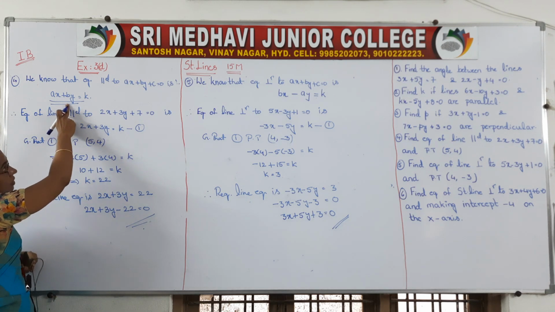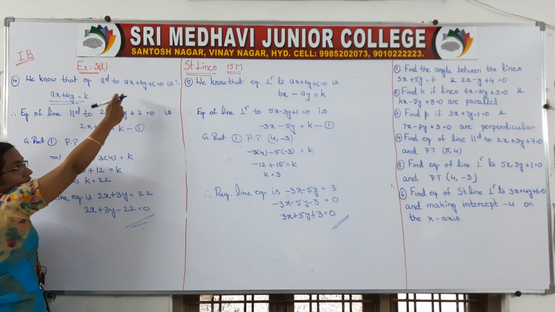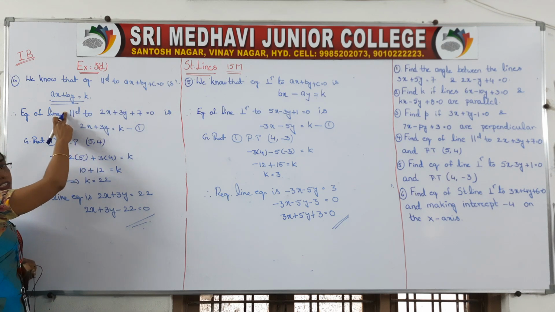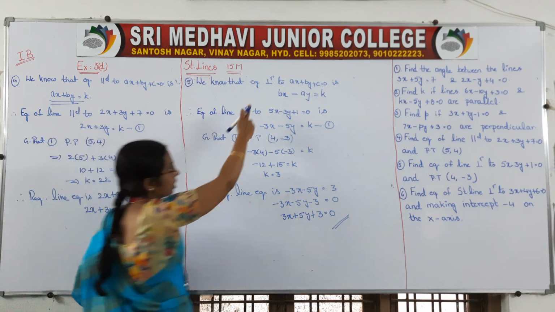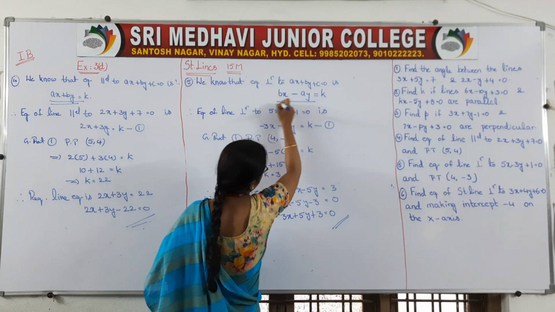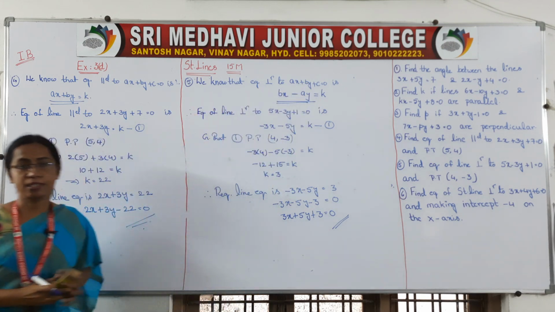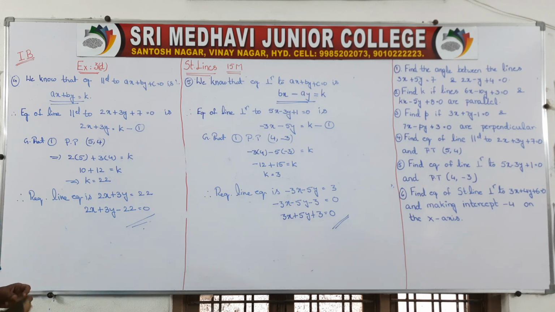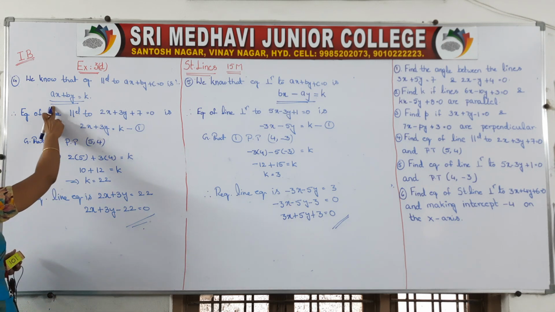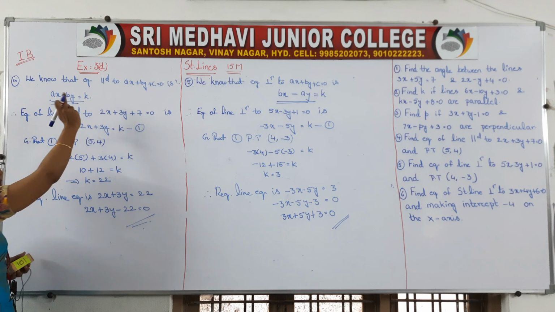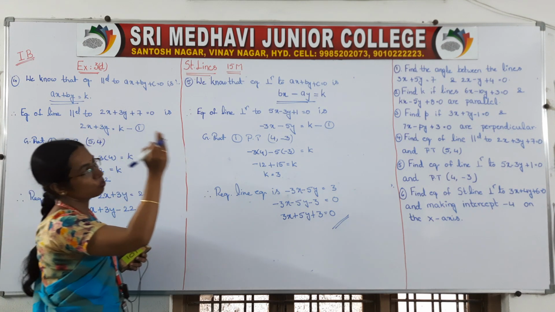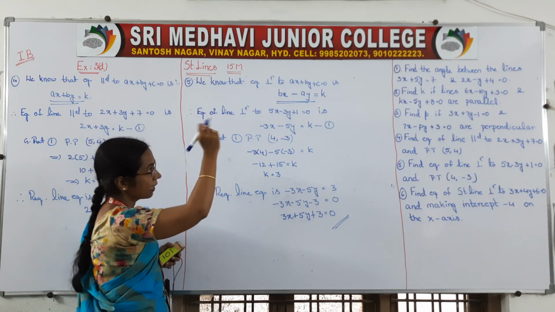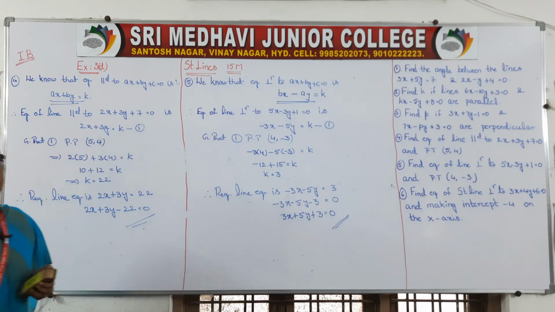So it mainly depends on the formula for the general equation, when it is parallel to the general equation and perpendicular to the general equation. These are the main formulas, right? Simple formulas also. Parallel means the x and y coefficients will be the same, only the constant will be different. Perpendicular means the x coefficient goes to y, the y coefficient comes to x, and in the middle you will have a negative sign.